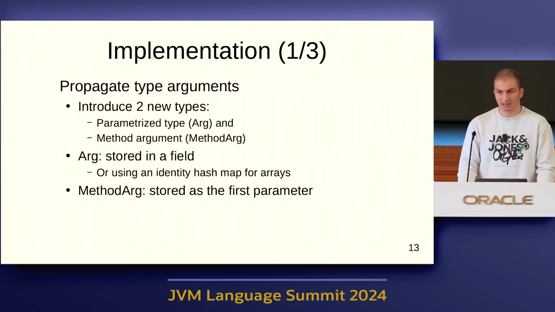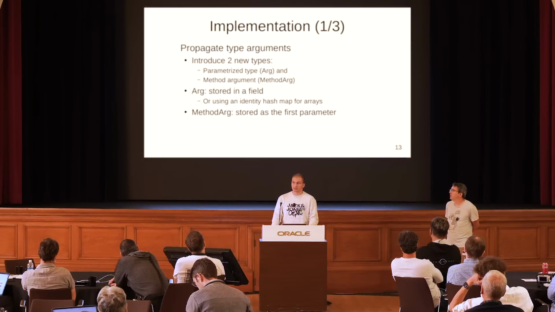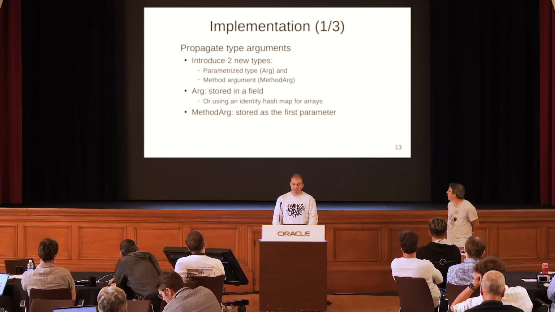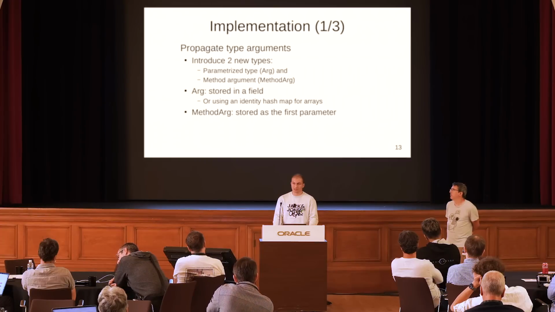So for example, in the case of an ArrayList, when we create an ArrayList, it will store the type information in a newly generated field. And when we want to check the type of this ArrayList, we will access this arg field. The second introduced type is the method arg, which is a little bit different.